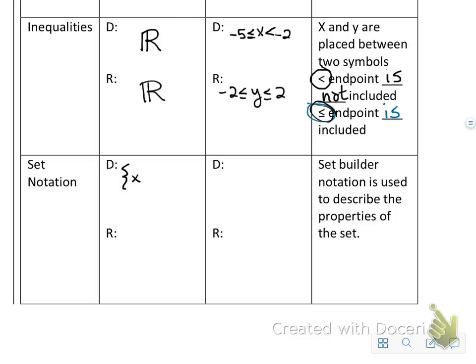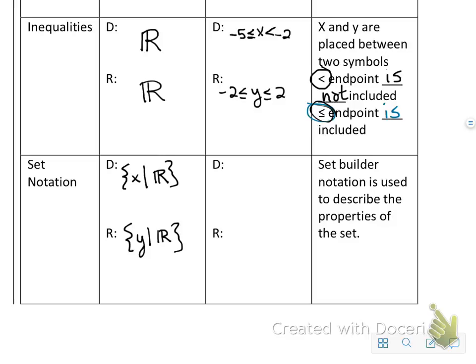And x. And this says that x is such that. So this little line means such that. So we're talking about x such that we have all real numbers. And then you're done. So now we're talking about range, is y, such that they're all real numbers.